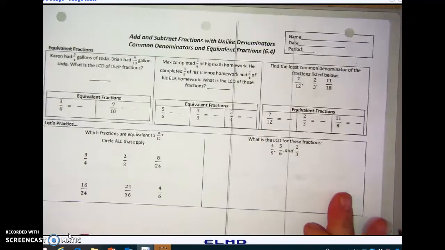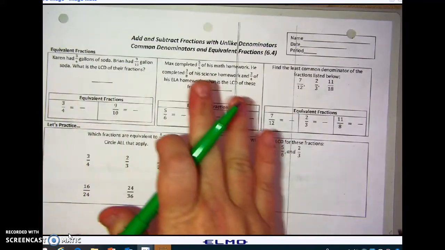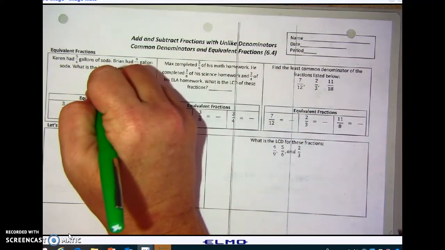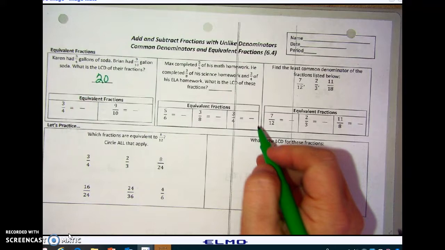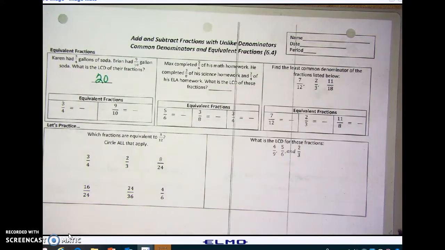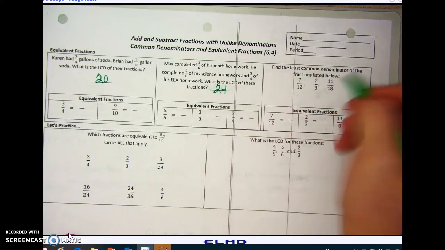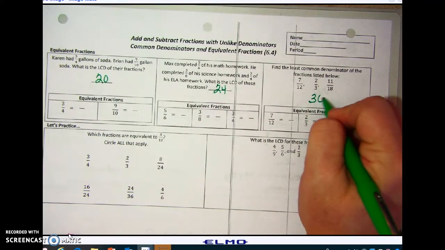All right, flip your paper over. Now, we just did Karen's, Max, and this one. So we know that the lowest common denominator for this one is 20. We know the lowest common denominator for this one is 24. And you know the lowest common denominator for this one is 36.